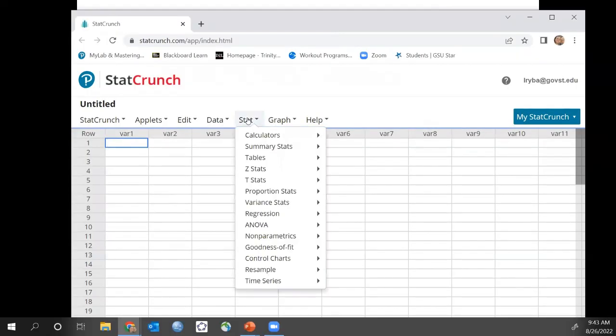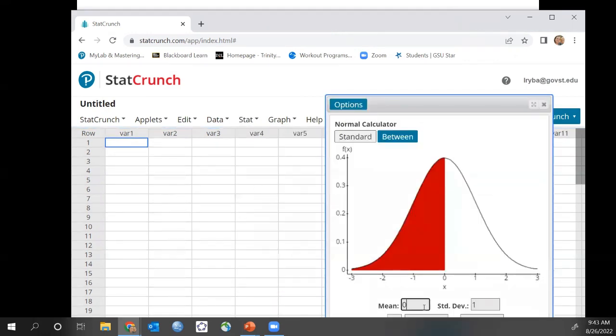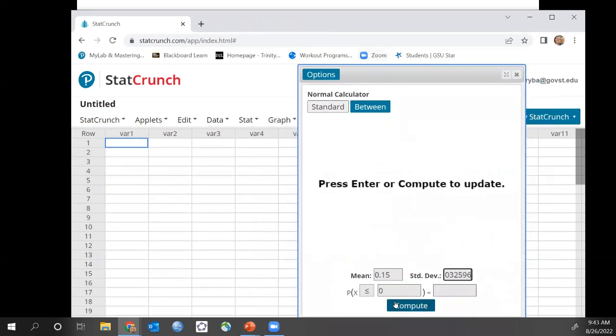So I will go to stat calculators, normal. Our mean is 0.15 and my standard deviation, 0.032596. And we want to test less than 0.12.